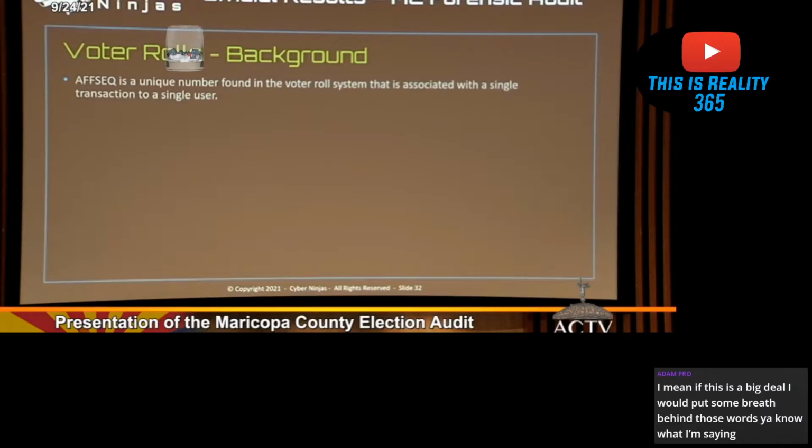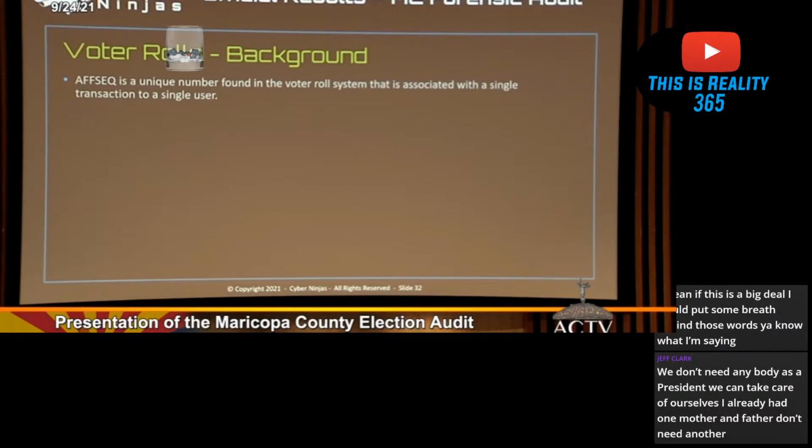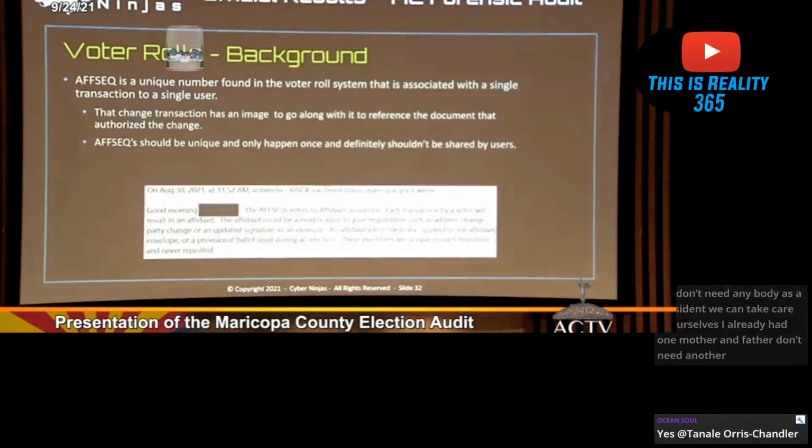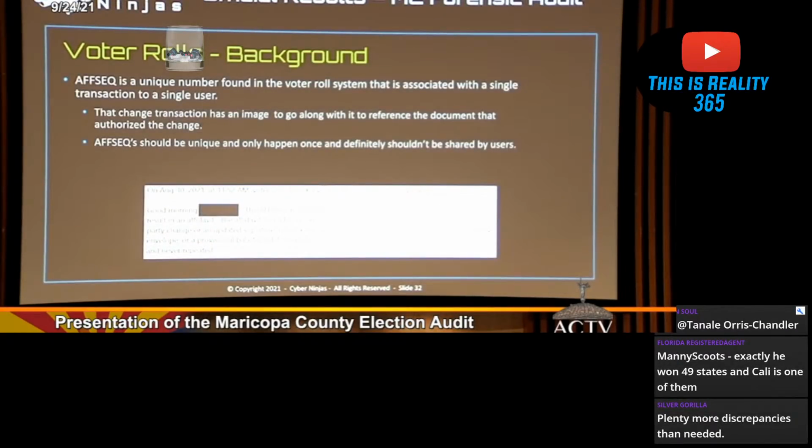That unique identifier gets stored in your voter rolls as the latest one, and it is specific to that change request. So those should be unique. You should not even have it twice in your voter rolls. It should only happen once, and it should not be shared among multiple individuals. And this is something, again, we confirmed with the recorder's office.